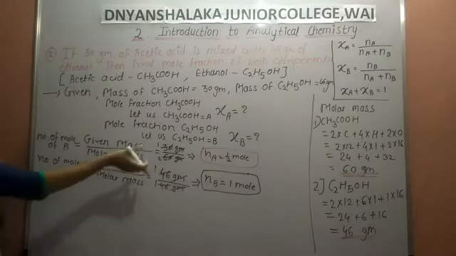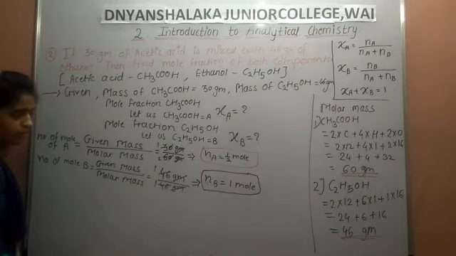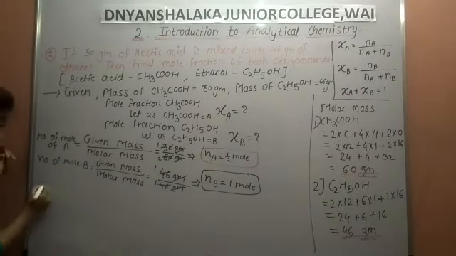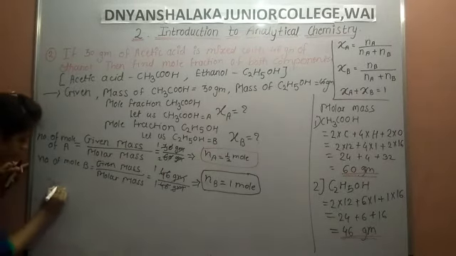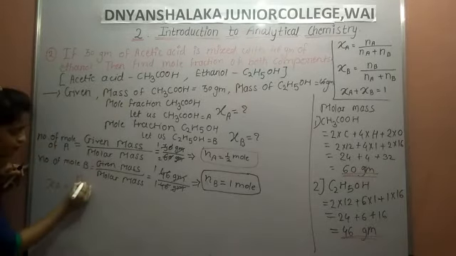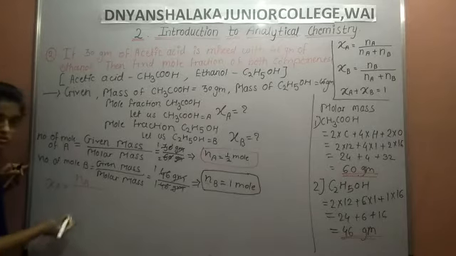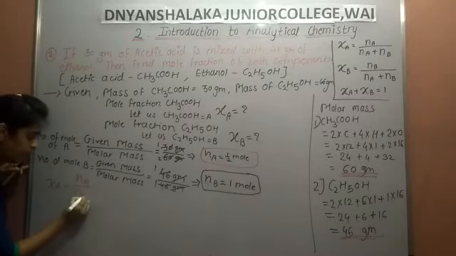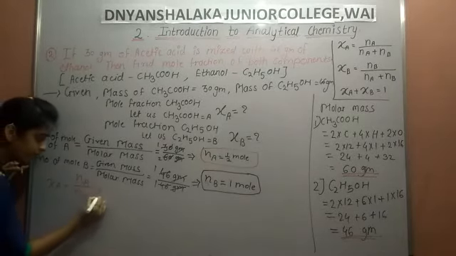Using the number of moles of A component and of B component, we calculate the mole fraction of A component. The formula of mole fraction is the number of moles of A divided by the total number of moles of all components, Na plus Nb.